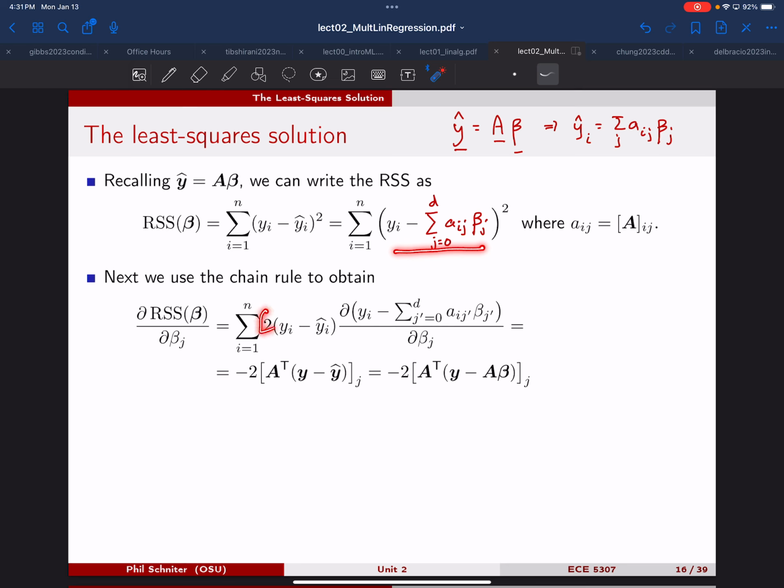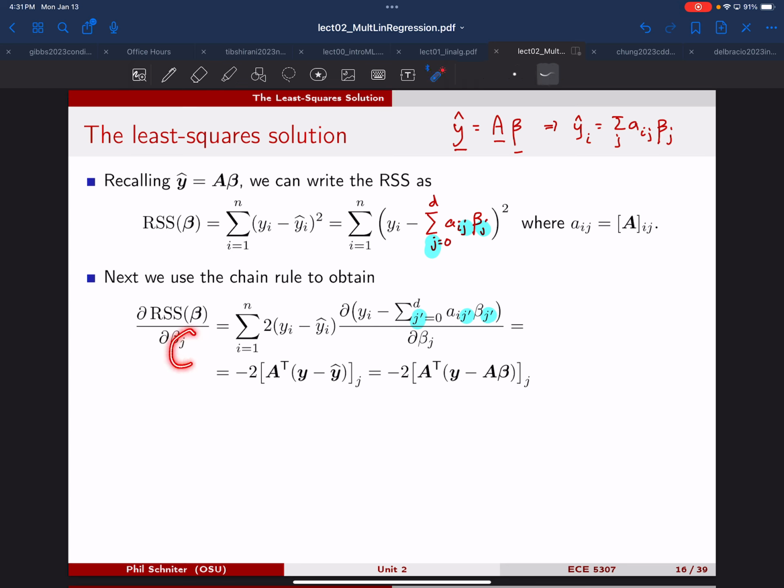So here I have the 2 times this, but I wrote it a little bit more compactly. Remember, this is just y hat i minus y_i times the derivative of the thing in the square with respect to beta j. Now I did something else here that I want to point out, which is that I changed the sum variable from j to j prime. And let me tell you why I did that.